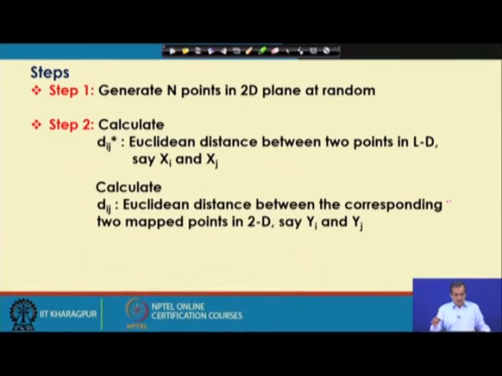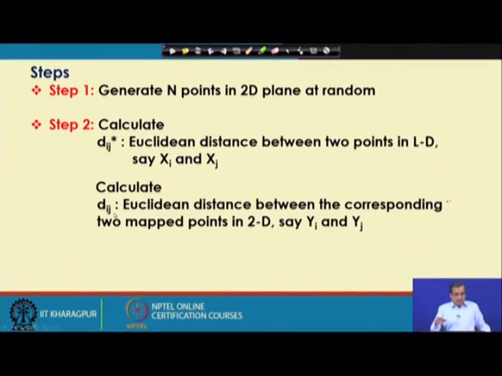Now, we generate the data points i and j in 2D using the random number generator, and we calculate the Euclidean distance between the 2 points i and j in 2D plane, and that is denoted by d_ij.